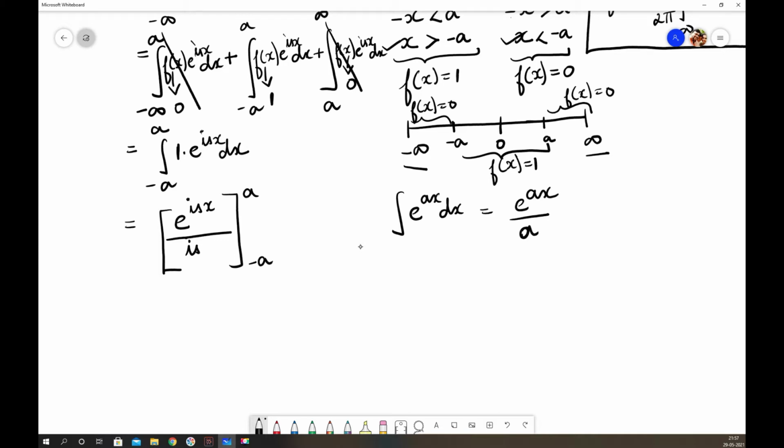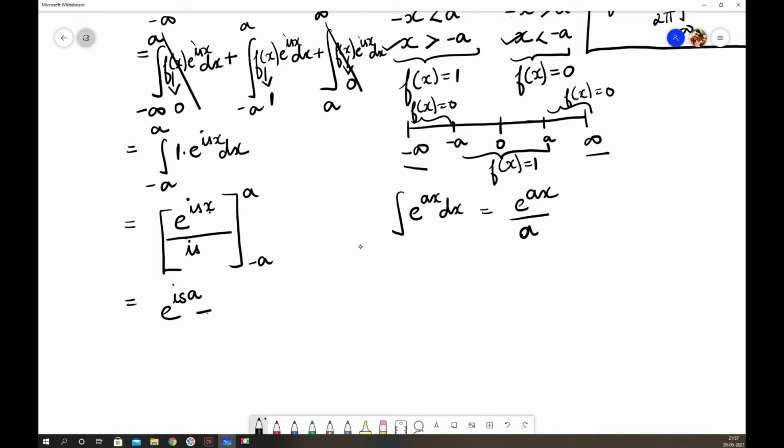Fine. Now I substitute the upper limit minus the lower limit. Where I have x, I substitute the upper limit, and where I have x, I substitute the lower limit. So it is upper limit minus lower limit. Here it becomes e to the power isa minus, and what is my lower limit?